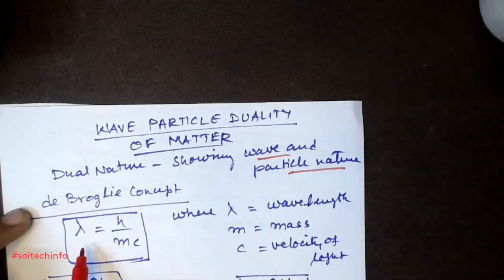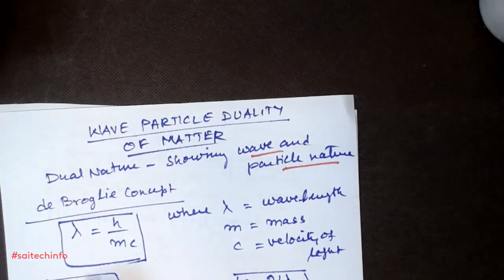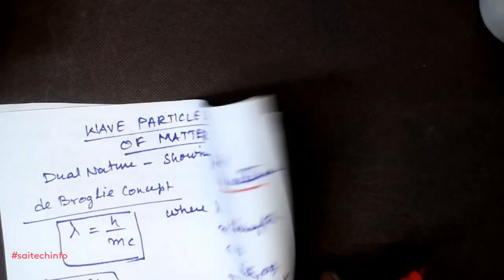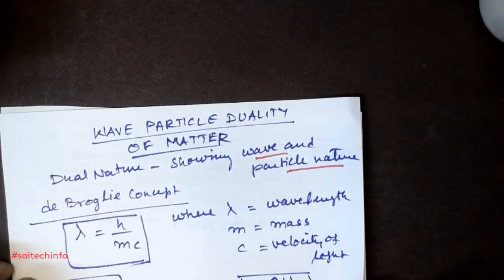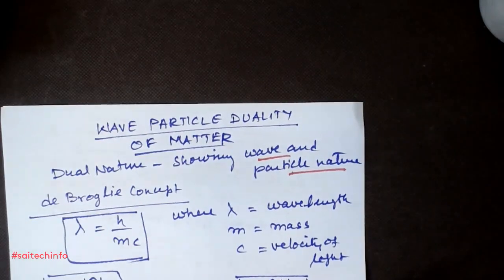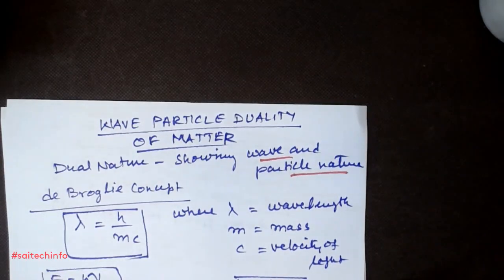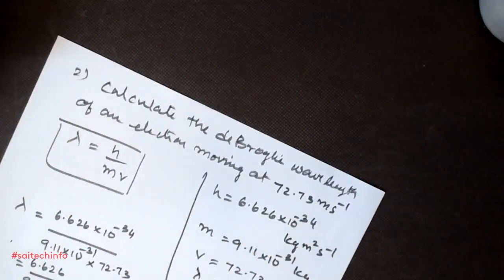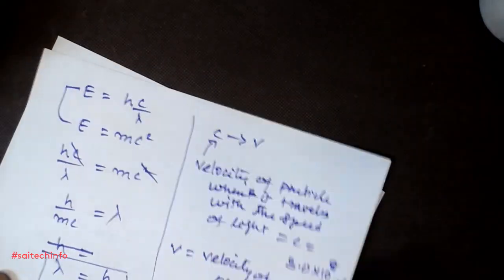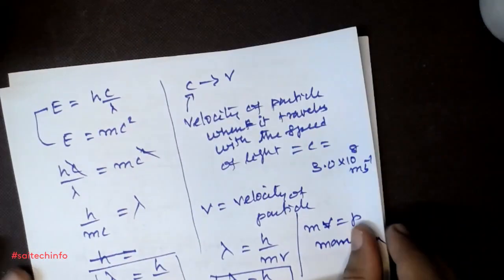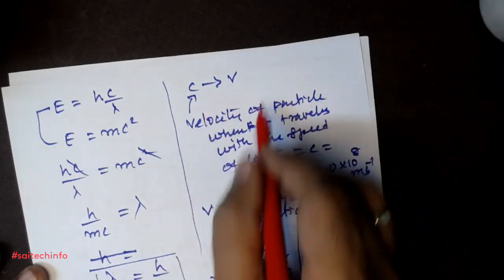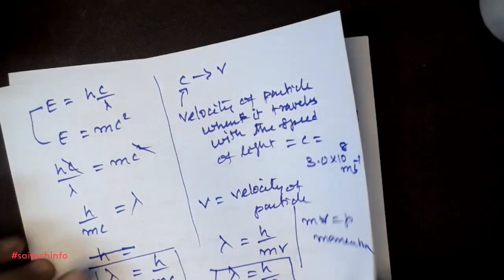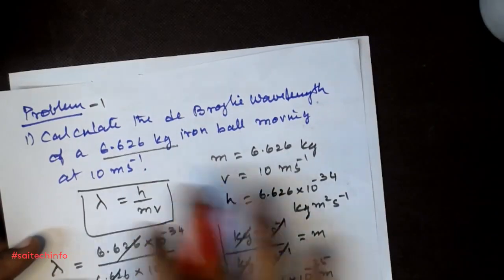Here we explained the de Broglie concept, lambda is equal to h by mc, and the correlation of Einstein's equation and Planck's equation, based on which he was able to get the value. Then how it was replaced by h by p, and we worked out these 2 important problems.